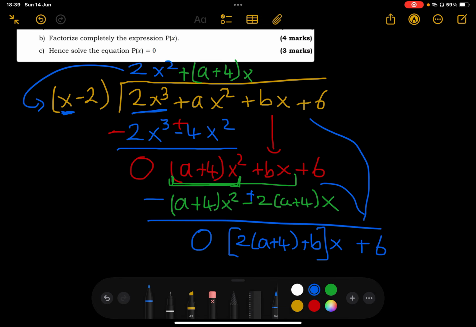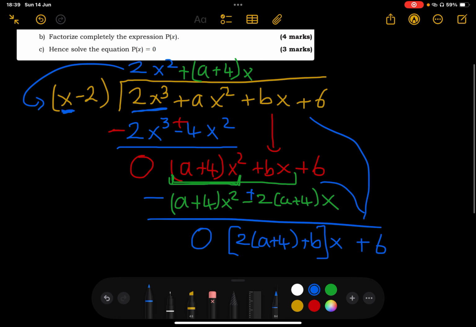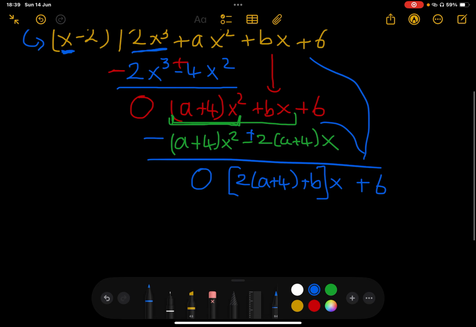Now, we know that this has to be at the end. When we do our next thing, we're going to get zeros here, right? So because we know we're going to get a 0, we know that here we need plus 6.